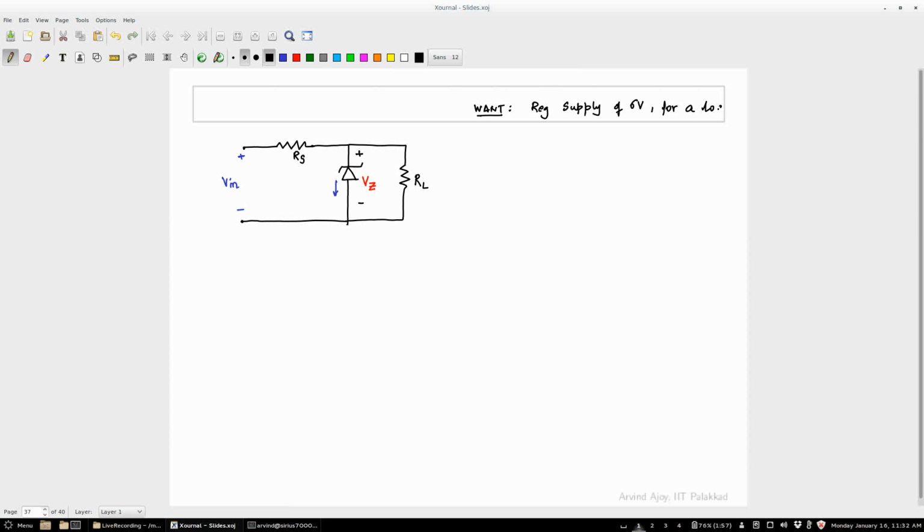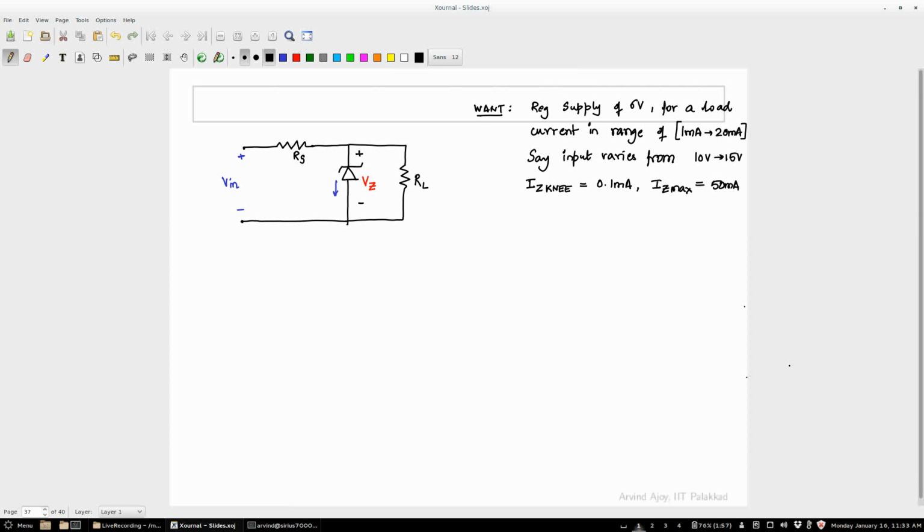So let me say that I want a regulated supply of 6 volts for a load current in the range of 1 milliamp to 20 milliamps. Say the input is from 10 to 15 volts.